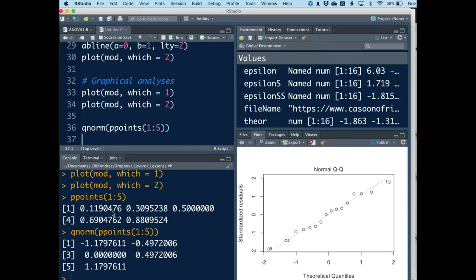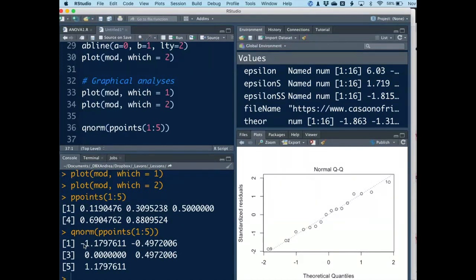So what you're asking me, Valeria, is exactly this. That function is useful to calculate the percentiles in a standardized Gaussian corresponding to our residuals. So I have 2 series of data, my residuals and the corresponding percentiles in a Gaussian distribution, and I can compare them.